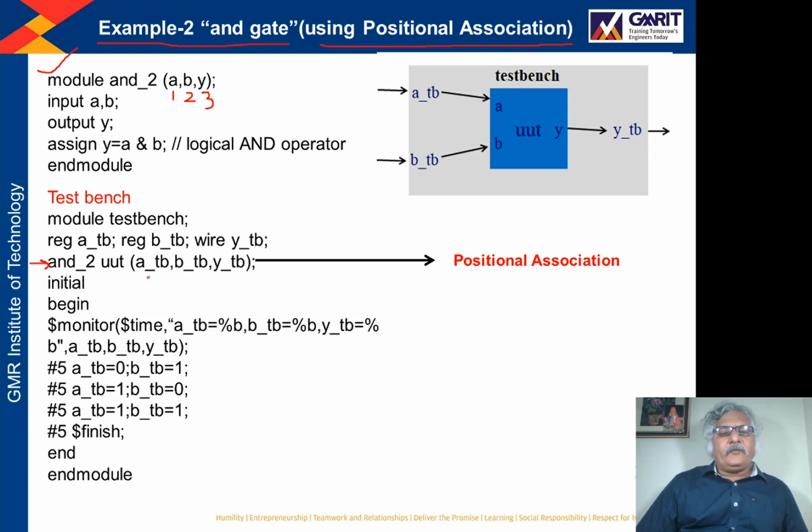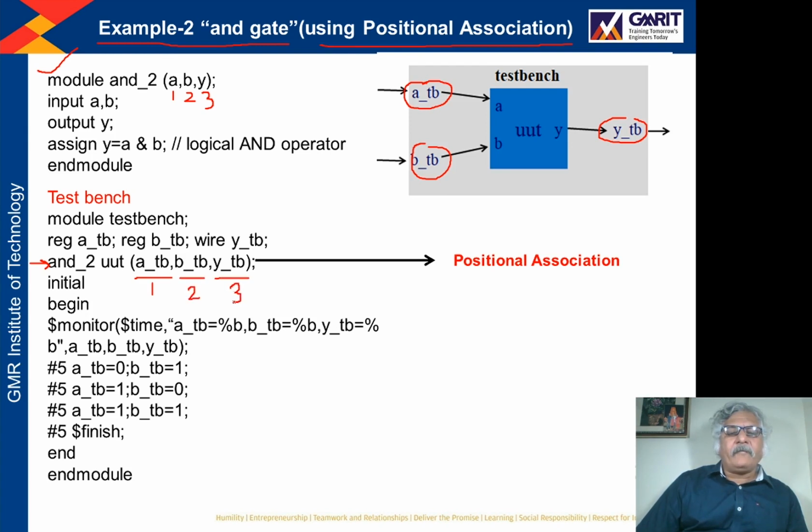Now in the test bench, at the time of instantiation, see, my test bench has these pins A_TV, B_TV and Y_TV. And how are these attached with the unit under test? In the same positional order I am mentioning them. A_TV at first position, B_TV at second position, and Y_TV at third position.